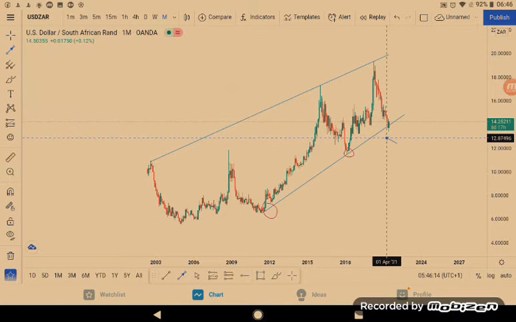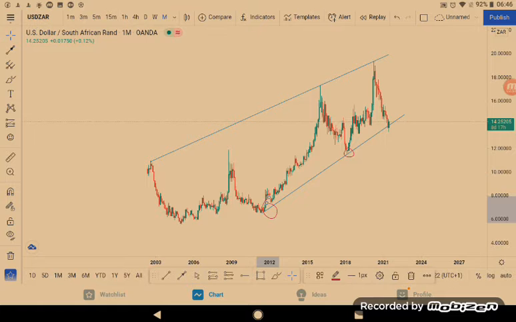When we have such a structure, we usually look for reversal patterns from the third touch at the top of the uptrend.